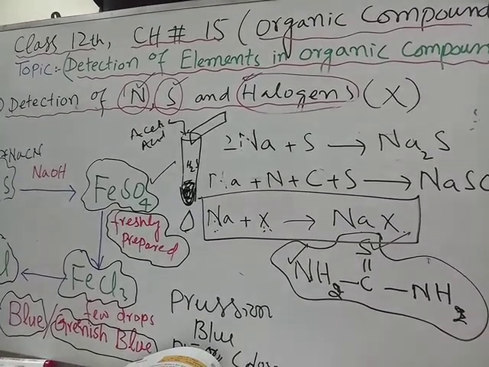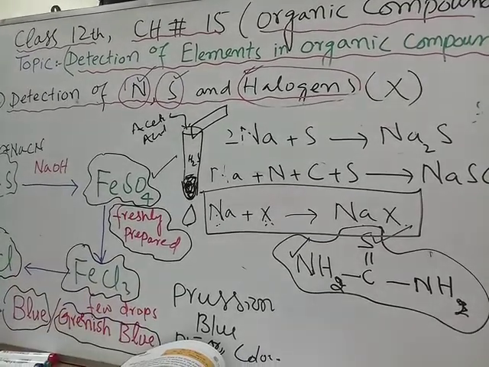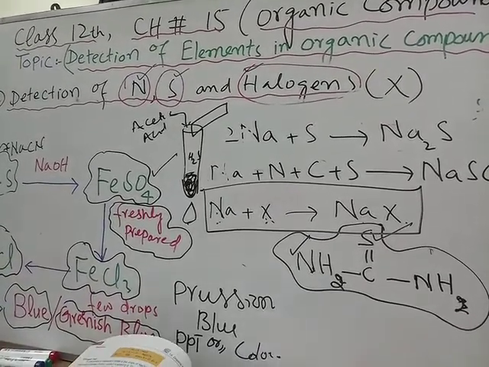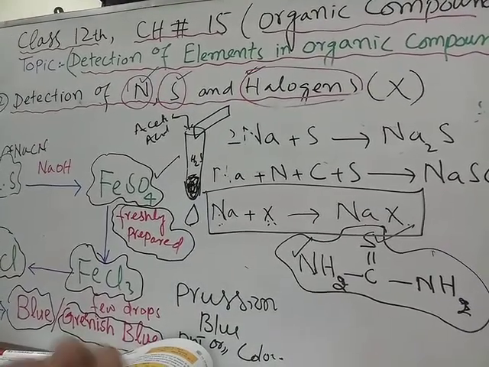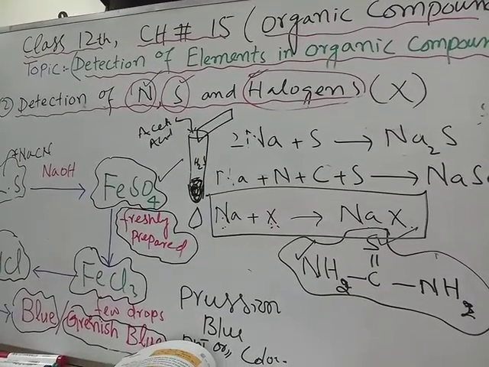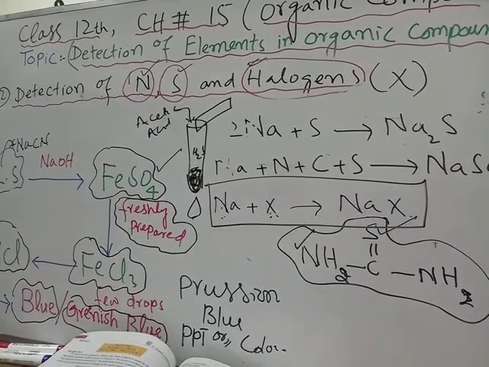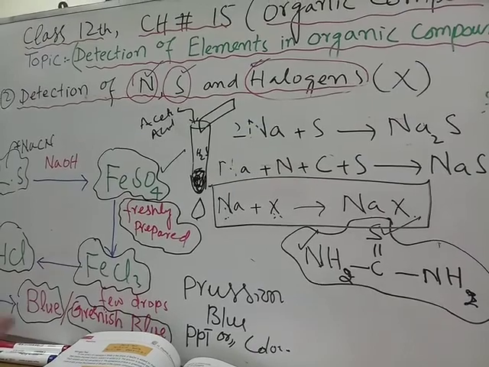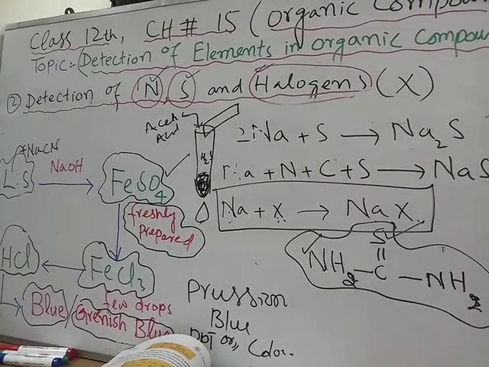So now take the third part of the Lassaigne solution and add nitric acid. When you add the nitric acid, if there are some cyanide ions or sulfide ions present, these are removed.